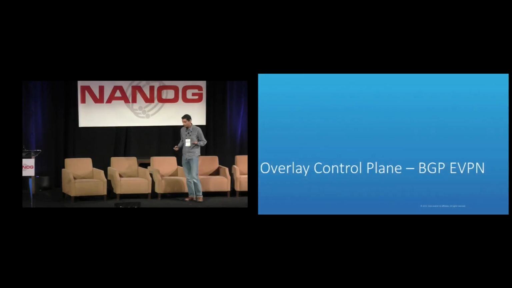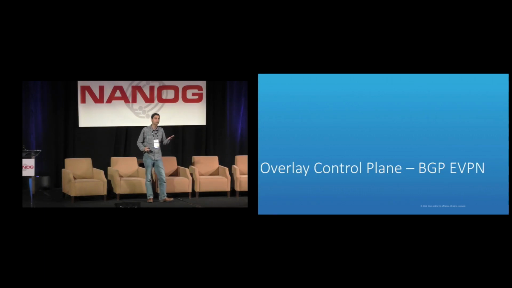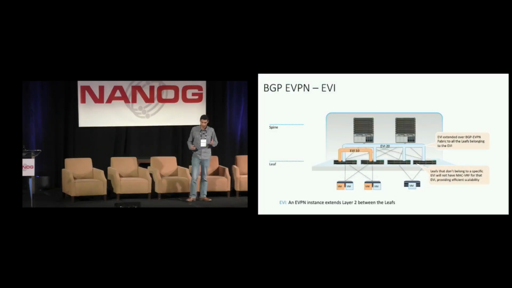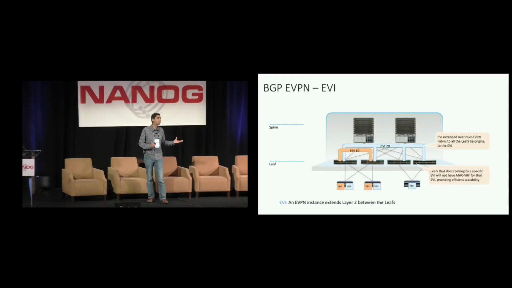Next, we'll dive into some of the key constructs and procedures in the EVPN control plane that are leveraged to enable layer 2 and layer 3 VPN services in the data center. An EVI refers to an EVPN instance that is used to stretch a layer 2 domain across multiple leaves in the data center. This EVI is equivalent to a MAC VRF on each leaf that is part of that VPN.